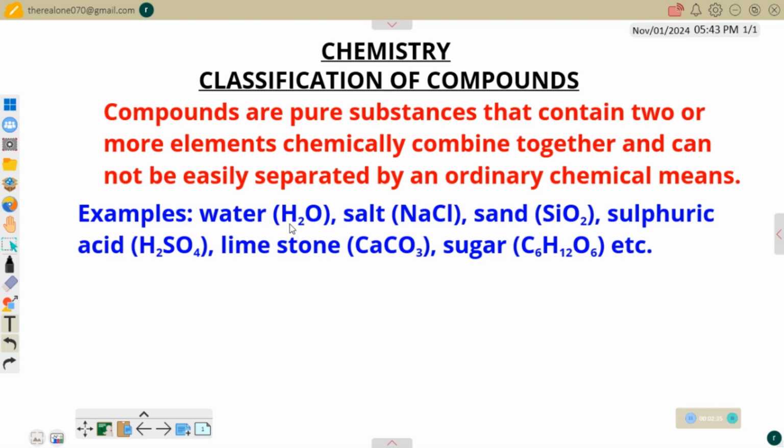Just like water, the property of water is different from the property of hydrogen and oxygen, which combine together to form water. We've said all of these before.